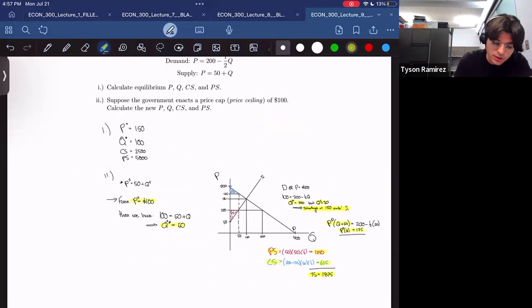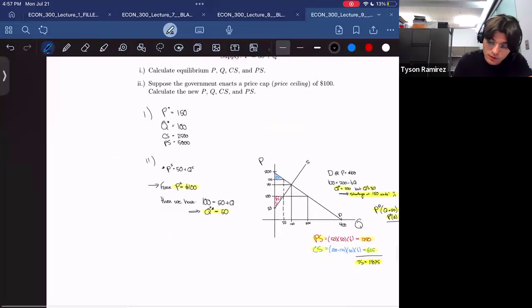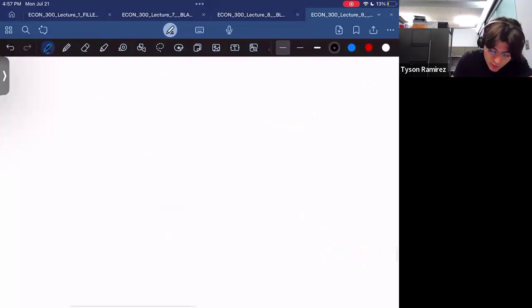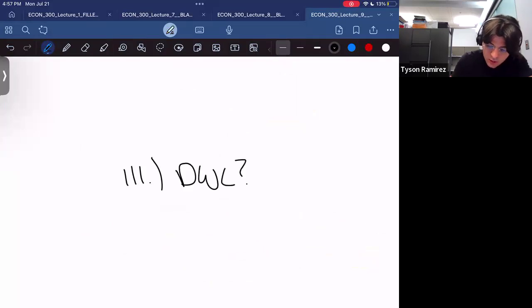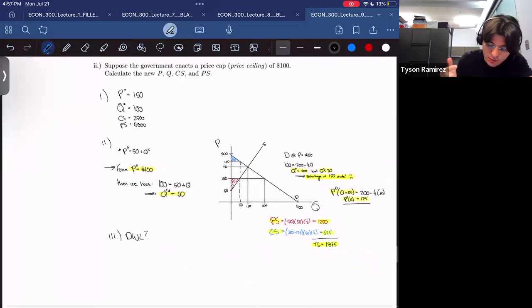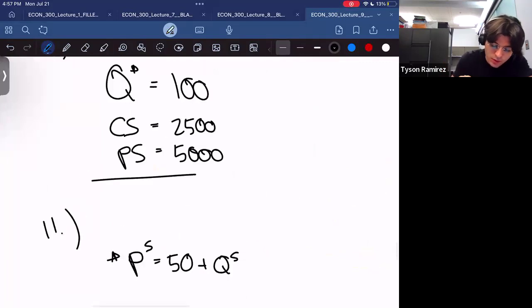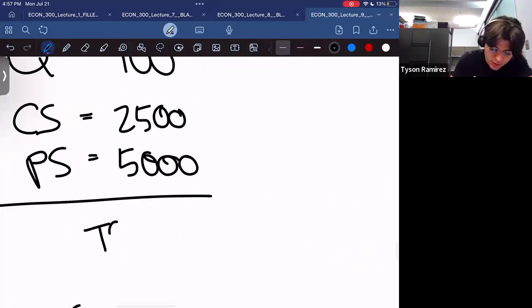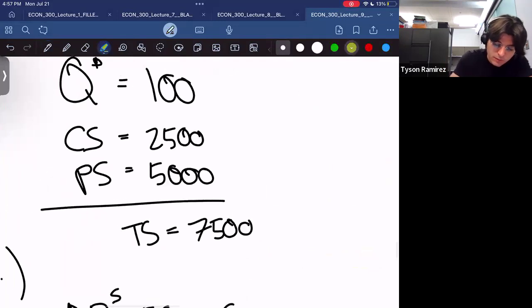Oh, and then I guess I didn't write it, but we will: deadweight loss. What's the change in the loss of surplus? Remember, total surplus was up here. It was 7,500.